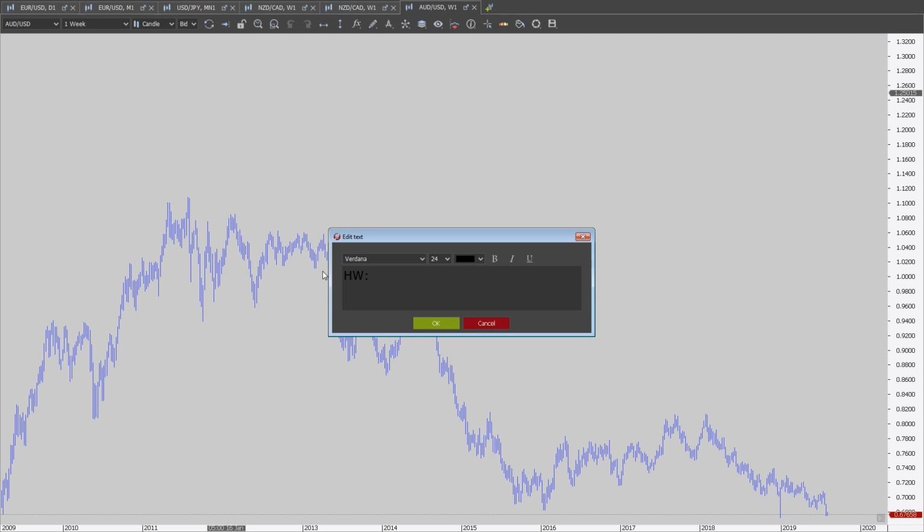Okay, draw trend lines on AUD-CAD, on EURJPY, on GBP-JPY, and on which one?